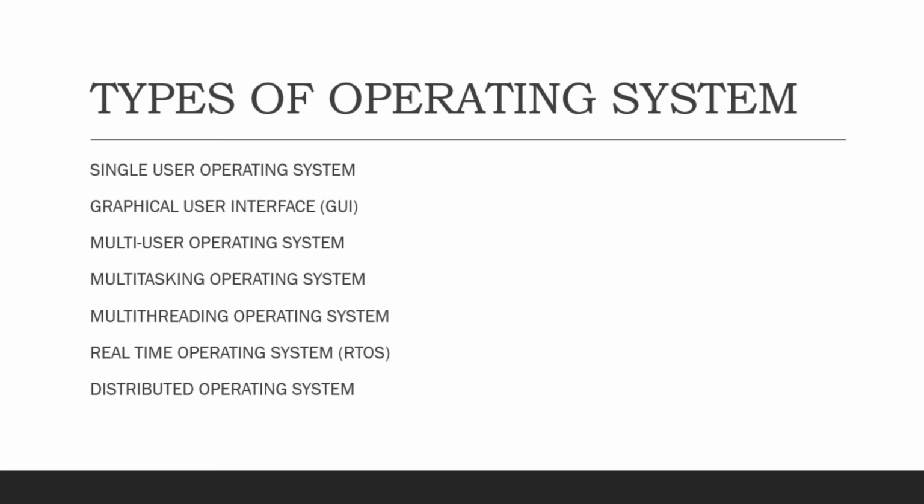Next is the real-time operating system. Our reservation systems, like the airline reservation system and railway reservation system, are a good example of RTOS, meaning real-time operating system. RTOS is designed to handle real-life scenarios and problems. Such operating systems have the capability to prioritize the processes, minimize execution time, and work independently.